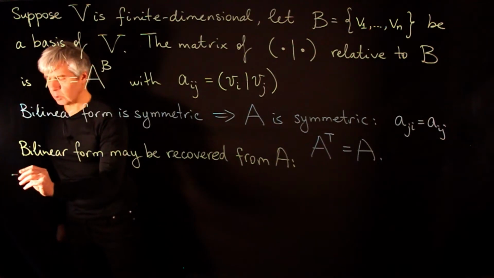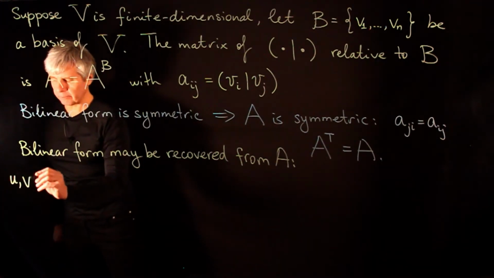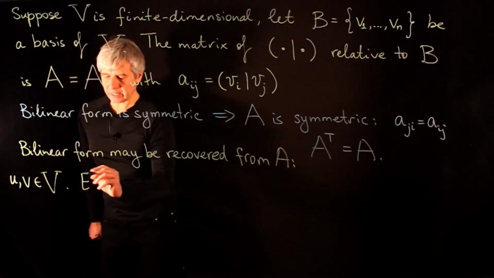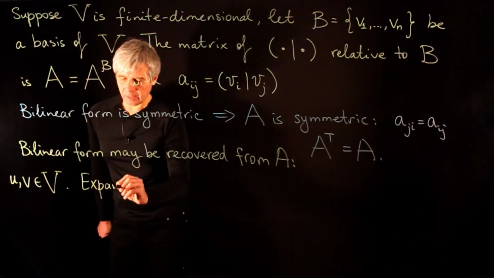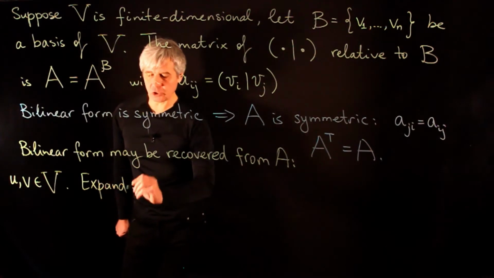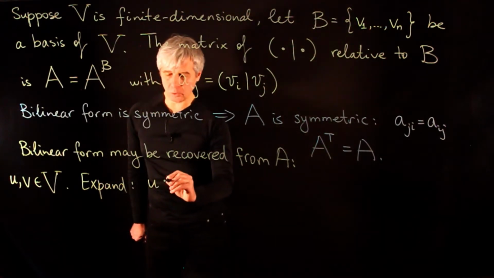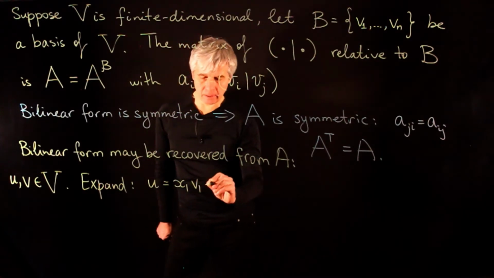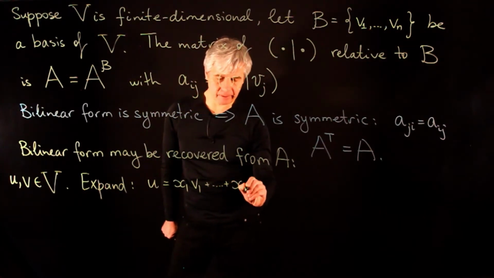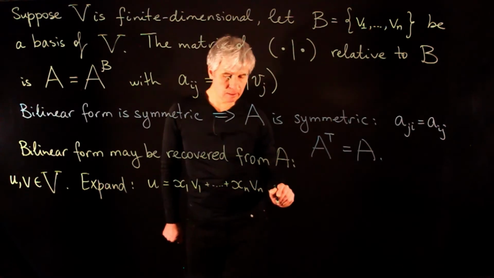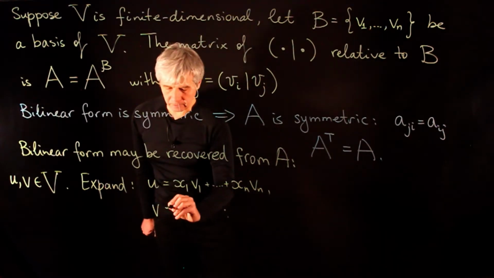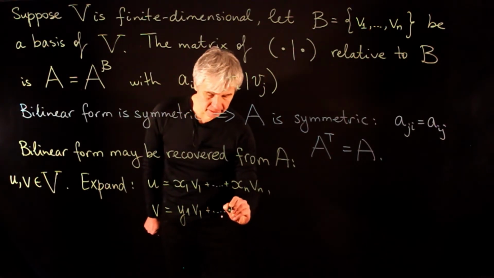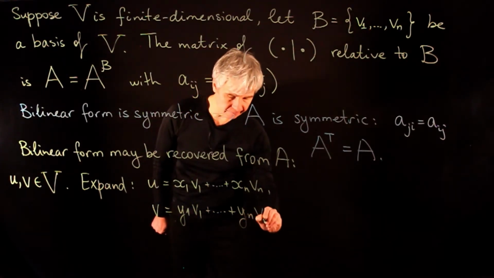Suppose we take two arbitrary vectors, u and v, in this vector space. So let us expand them as linear combinations of basis vectors. u is equal to x1 v1 plus ... plus xn vn, and v as y1 v1 plus ... plus yn vn.